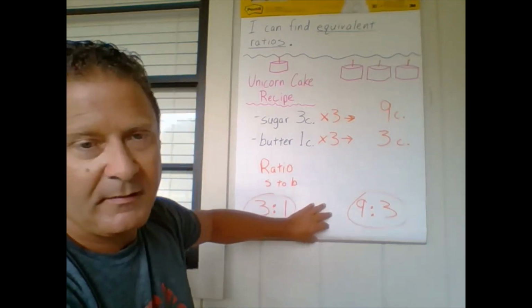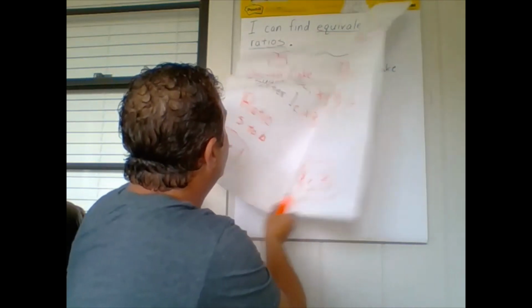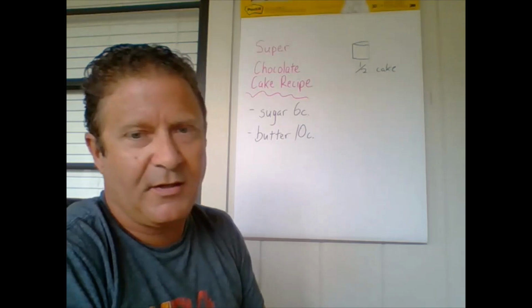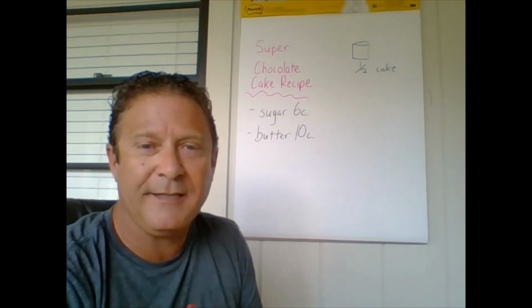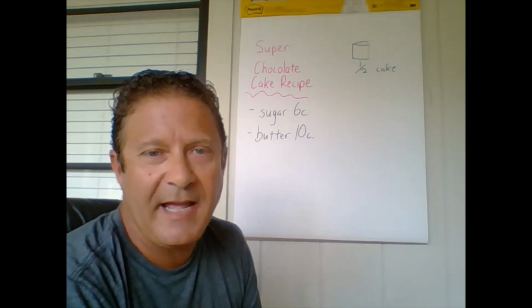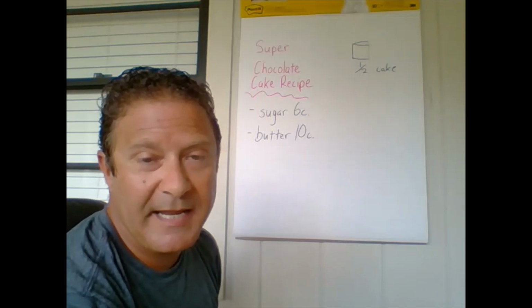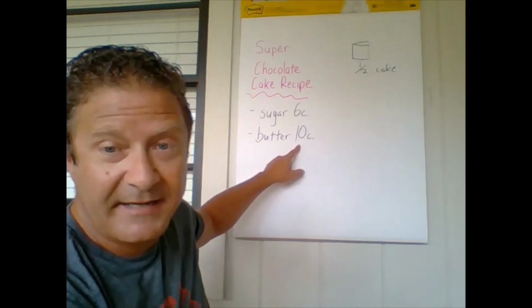So, switch papers here. This time, for my party, I'm making super chocolate cake instead of unicorn cake. I have my super chocolate cake recipe up here, and it takes 6 cups of sugar and 10 cups of butter.